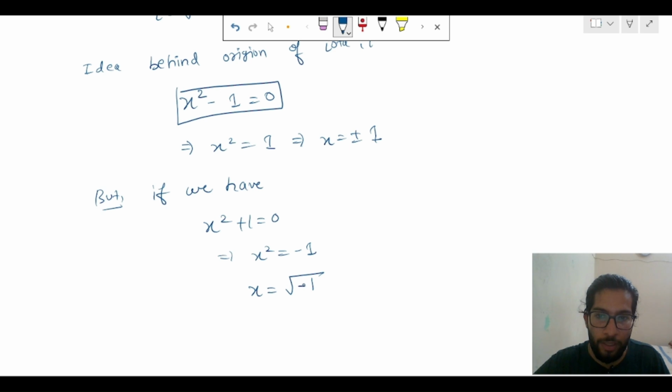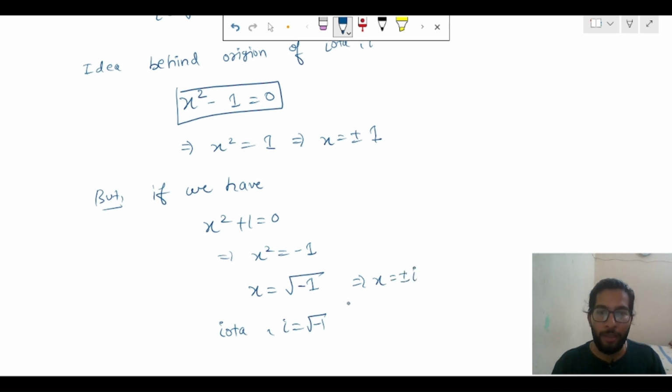Okay, so for simplicity, or to get a solution of such problems, we introduced the term iota, which is known as iota is equal to under root minus 1. So for this equation x square plus 1 is equal to 0, we have the solution x is equal to plus minus iota.